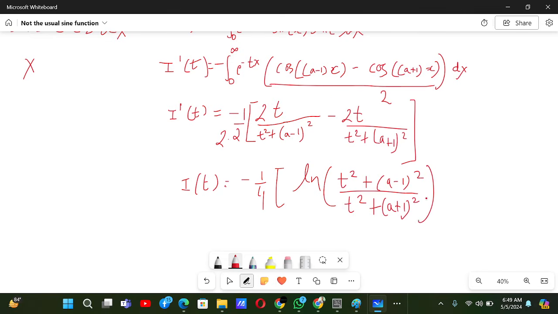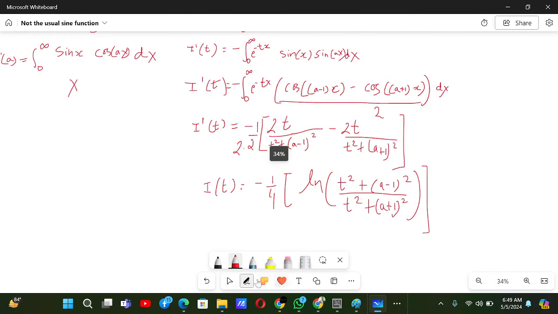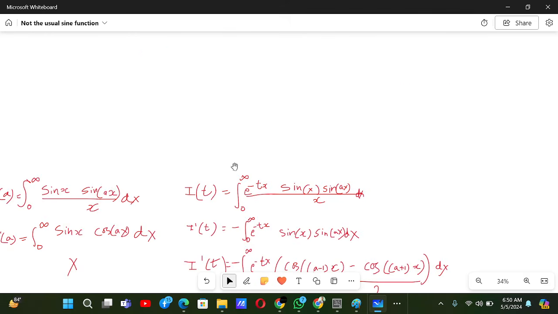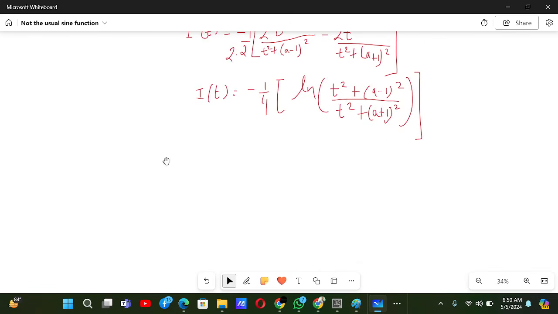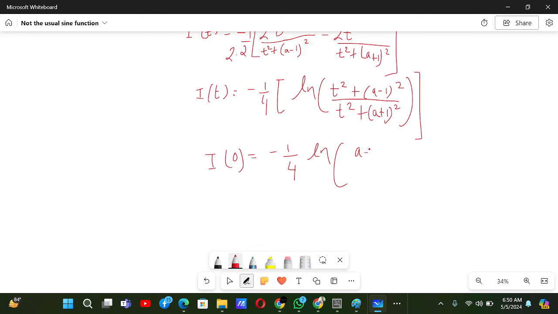We got this, but we don't really need I of t, we just need I of 0, because this term needs to vanish so that the other expression is what we want. So let's find I of 0. I of 0 is minus 1 by 4 ln of (a minus 1) whole square by (a plus 1) whole square.